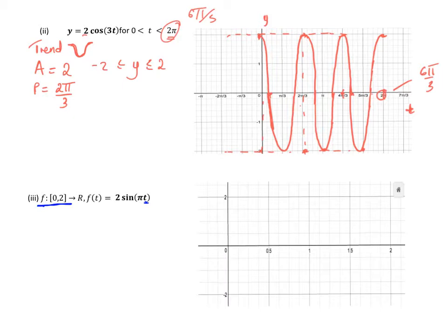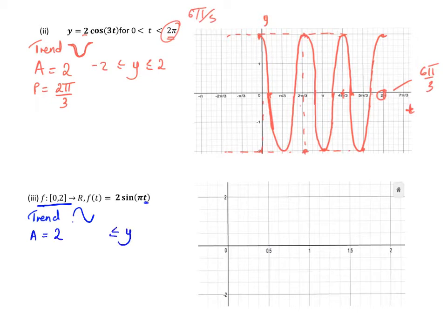But let's just start off exactly the same way that we always have done. So what do we know here? We know that it's a positive graph, so it's not turned upside down. So the trend of this is a positive sine graph, which looks like this, starting there, going back up. All right, it's our sine graph. We know that it has an amplitude of 2.